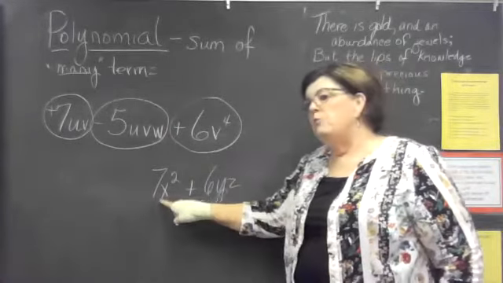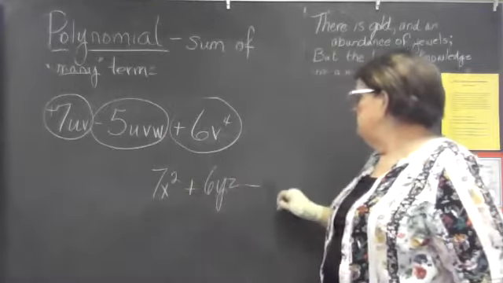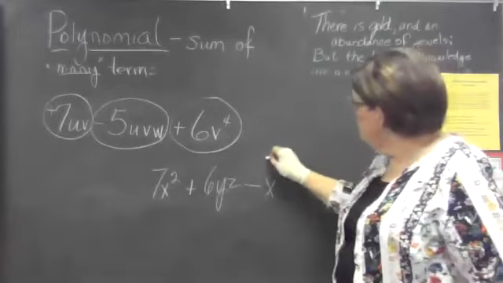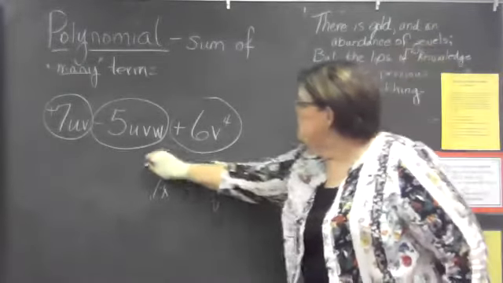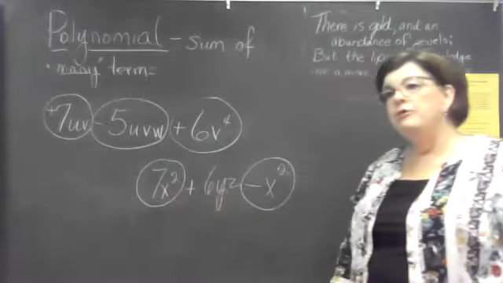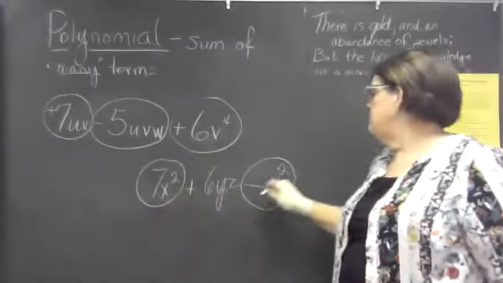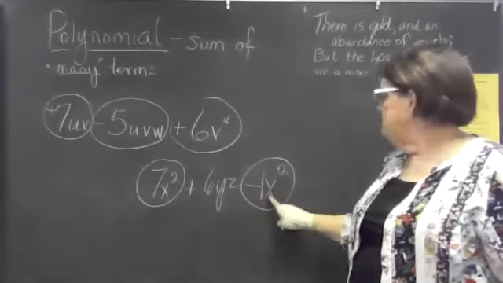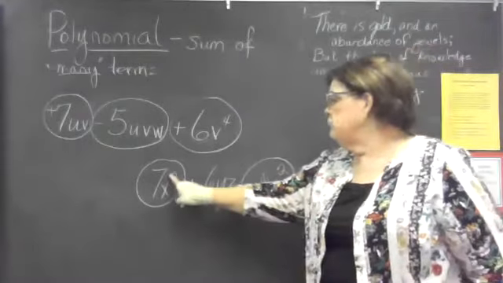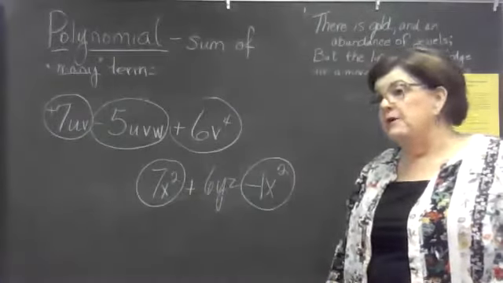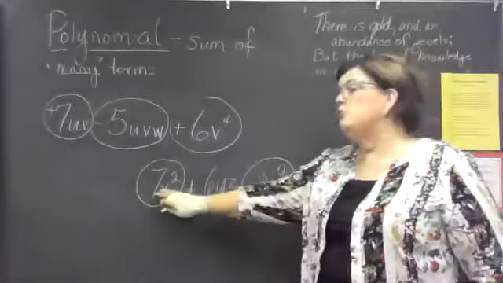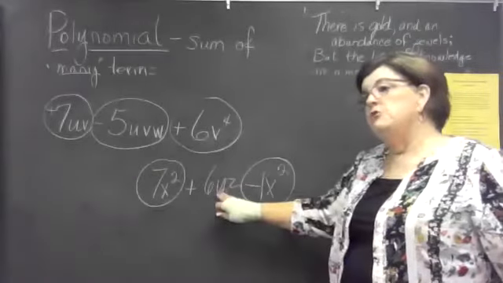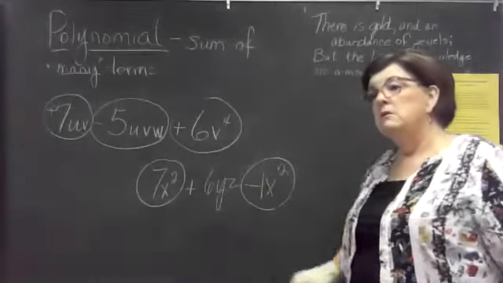If they were the same, they would be common terms. Okay, now here and here are common terms, and those can be combined into 6x squared, because this x squared and this x squared are what we call common terms. And anytime we have common terms, we can combine those into one. But this is not a common term, so it can't be added into these.